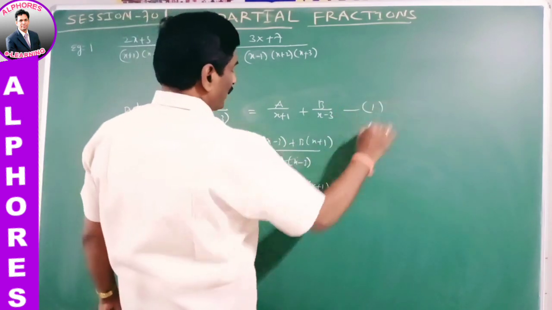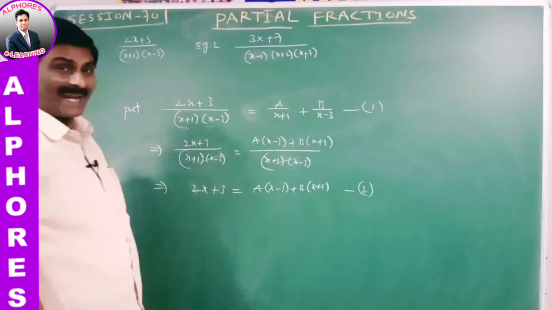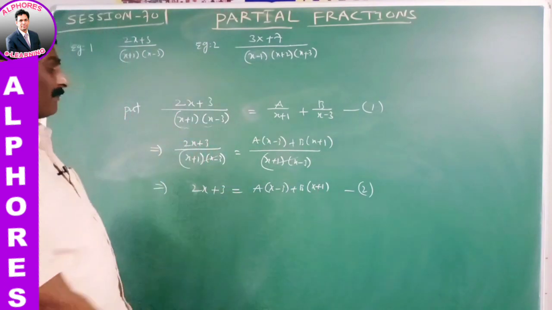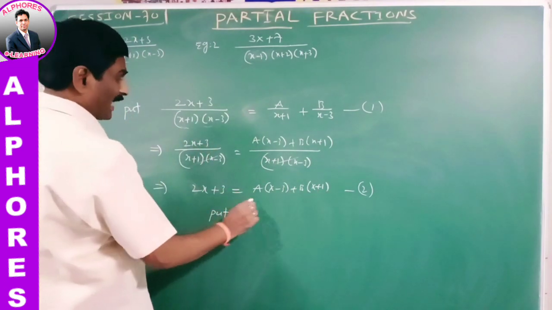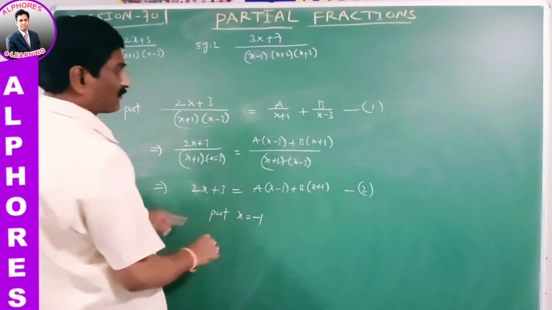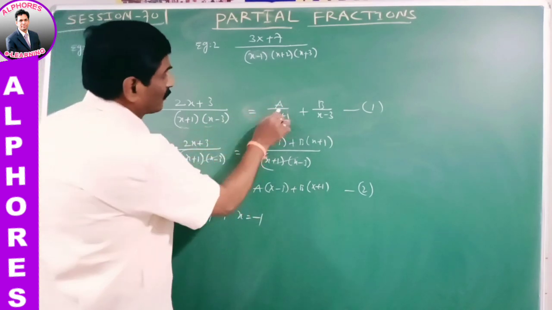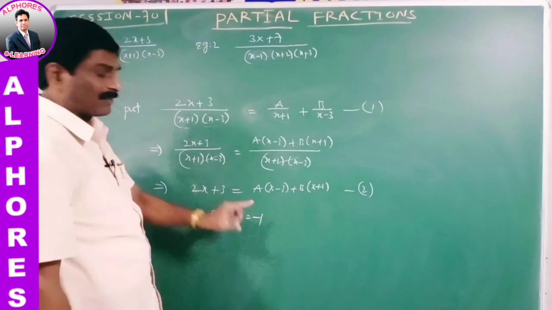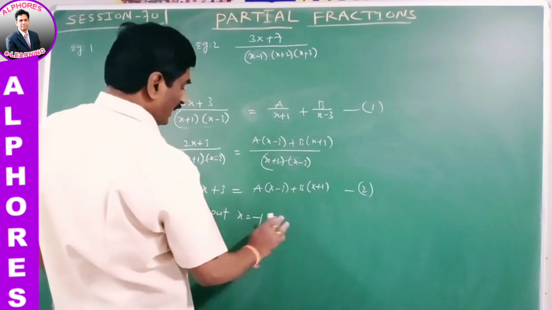Say this is equation 1. For getting a and b, we can equate like terms on both sides, or simply put x equal to minus 1 in this equation. For getting a, the coefficient of b must be 0, that means x plus 1 is equal to 0, so x is equal to minus 1. Put x equal to minus 1 in equation 1.